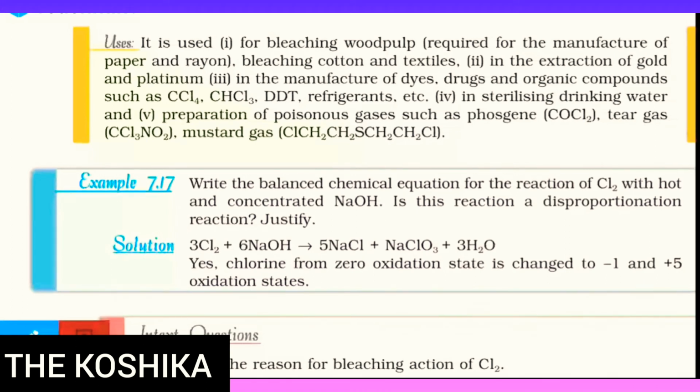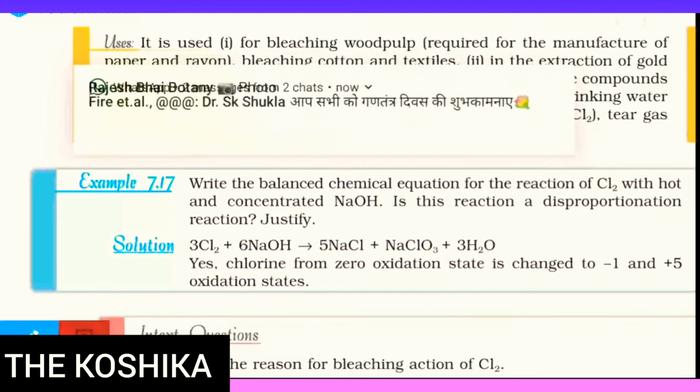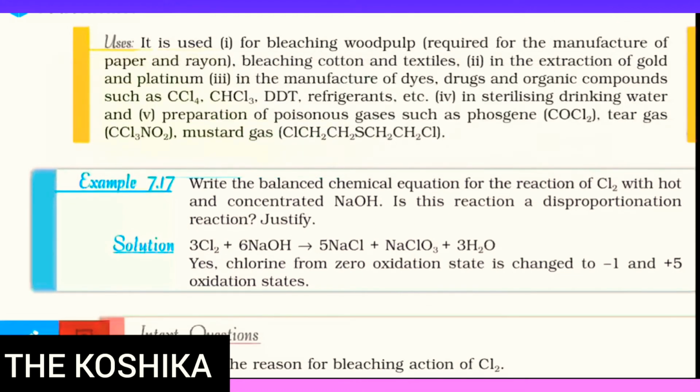Fourth, in sterilizing the drinking water, and fifth, the preparation of poisonous gases such as phosgene, that is COCl2, tear gas, CCl3NO2, mustard gas, ClCH2CH2S, CH2CH2Cl.